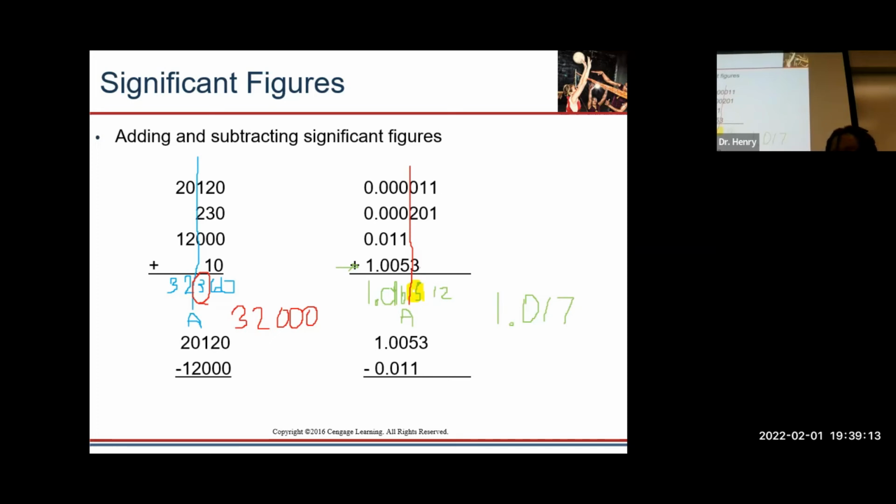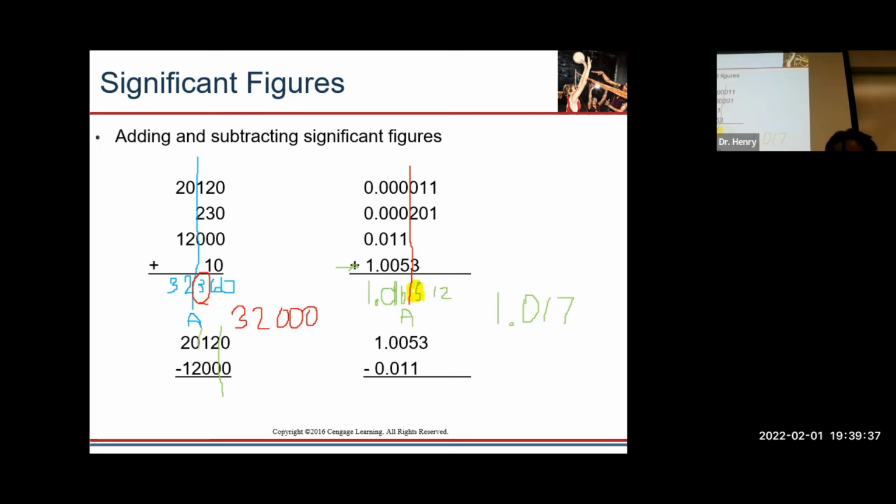Okay. Now subtraction works exactly the same way. So where am I going to draw the line at for the first number? After the 2. Okay. And the second number? After the 2.